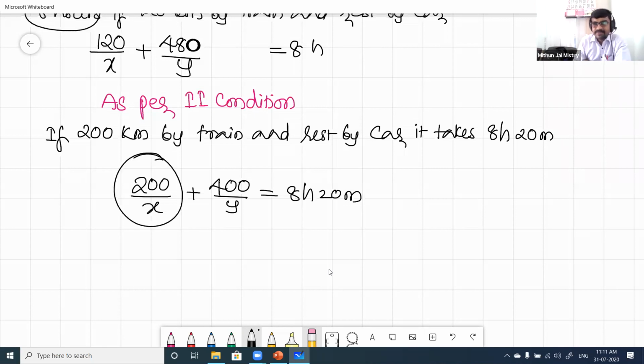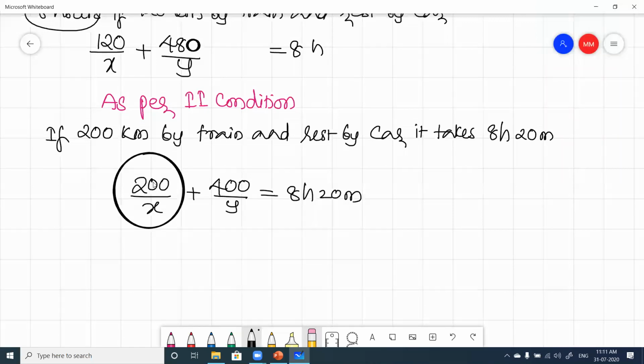Sir, how can you say time? Because distance by speed is time only, no? So this is the time taken by Rahim to travel by train, 200 distance by x speed. And this is the time taken to travel by car, 400 distance by speed of the car y. So totally the time taken is 8 hours 20 minutes.